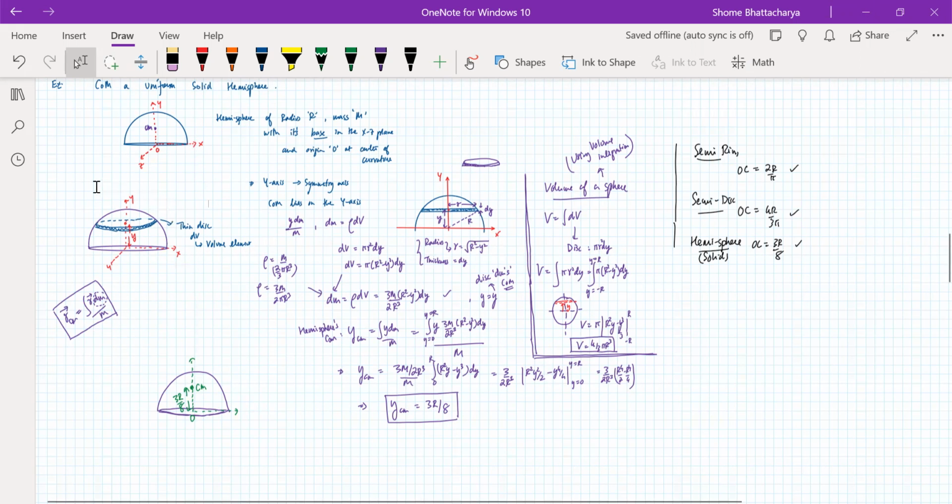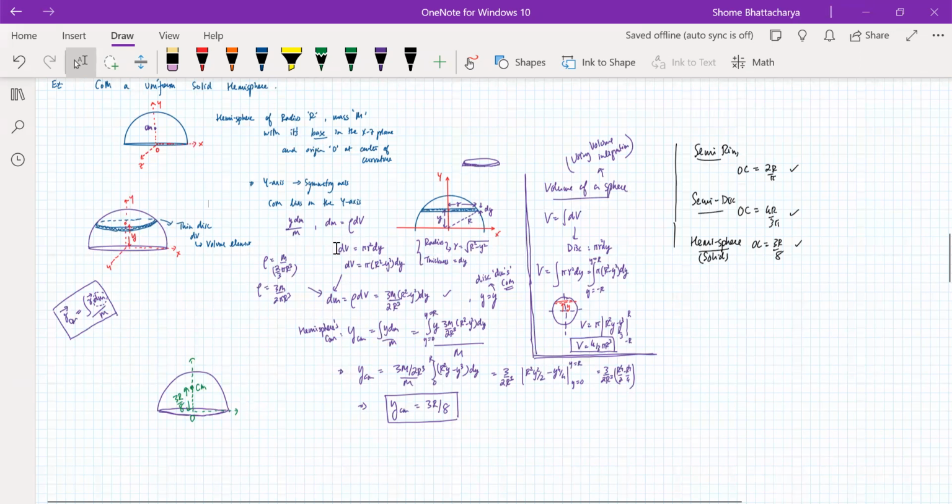Okay, so as you can see on the diagram on the left, if we slice this hemisphere into thin discs using a plane parallel to the XZ plane, the center of each disc is at a position y with respect to our origin. The thickness of the disc is dy, and the radius of that particular disc is small r, whereas capital R is the radius of the whole hemisphere. So imagine a thin disc like this whose radius is small r and thickness is dy.